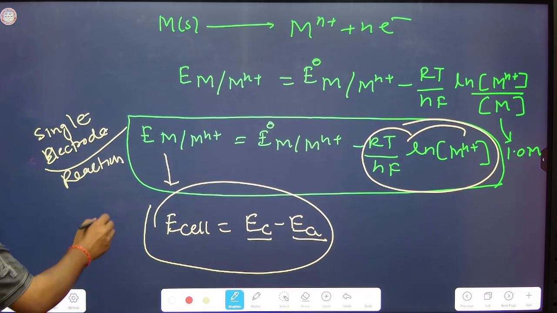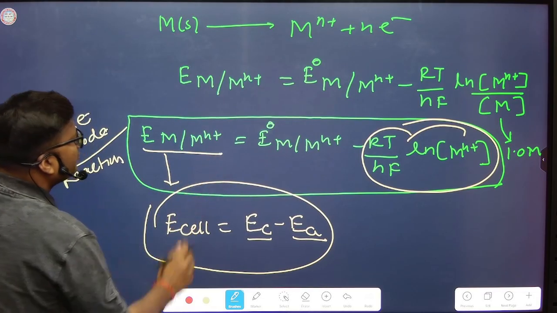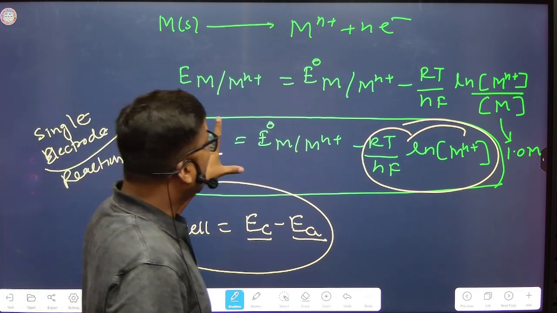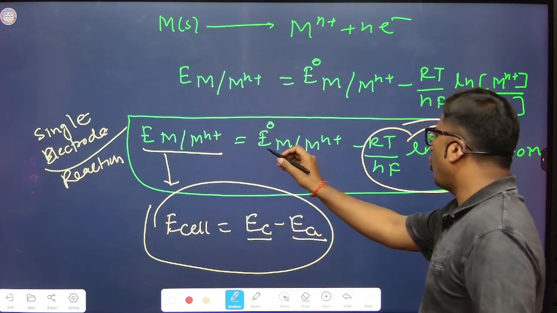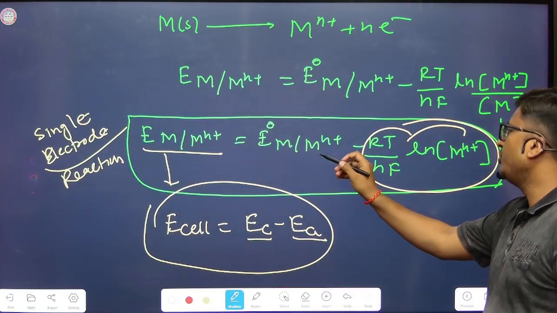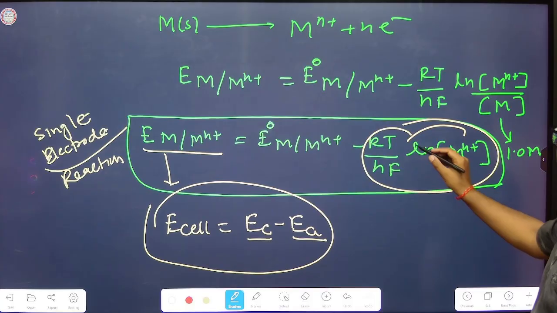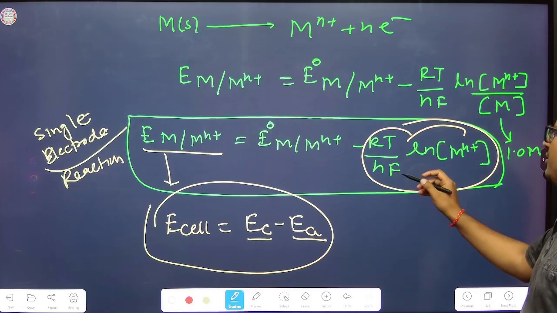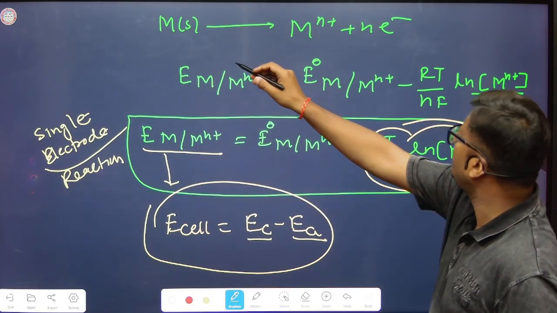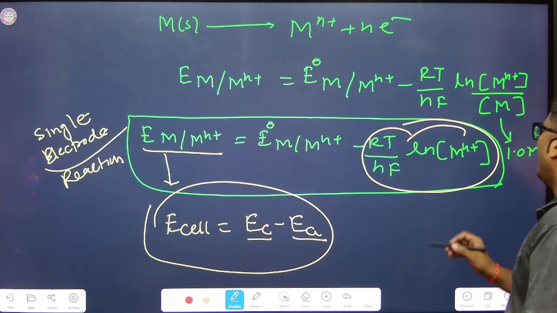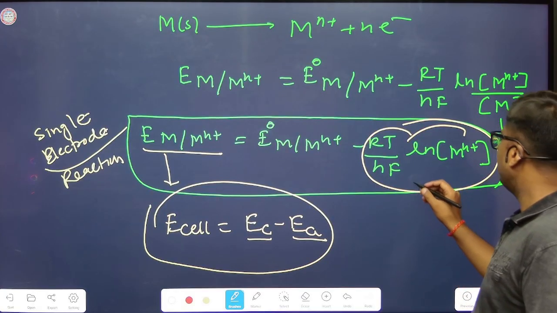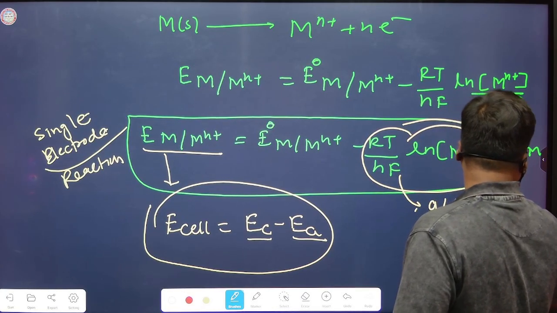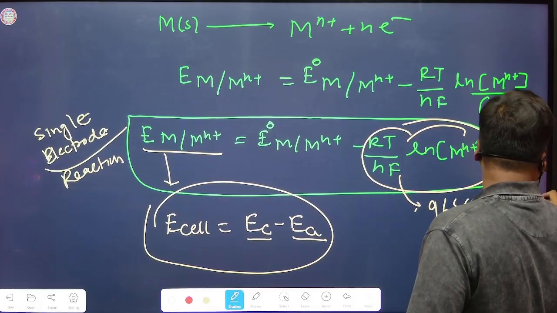This is the oxidation potential of the electrode at a temperature T, and this is the standard oxidation potential at 298 Kelvin, right? R is the gas constant, T is the temperature, n is the number of electrons transferred in this particular reaction, and F is the Faraday constant, which, as you know, has the value 96,500 coulomb per mole, right?